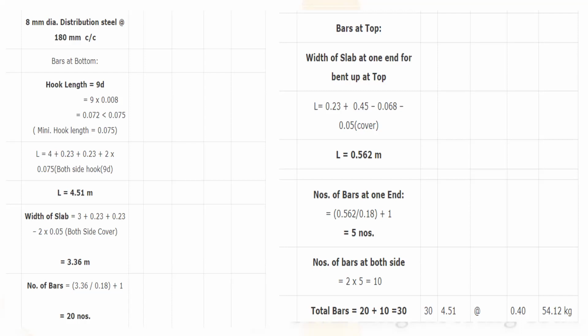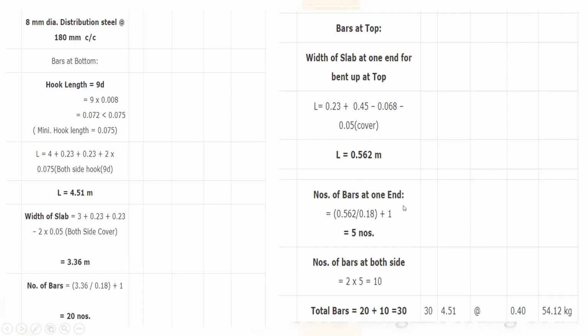Bar at the top, width of the slab at one end for bent up at the top. L is equal to 0.23 plus 0.45 minus 0.065 minus 0.005, that is the cover. The total length will be 0.562 meter.